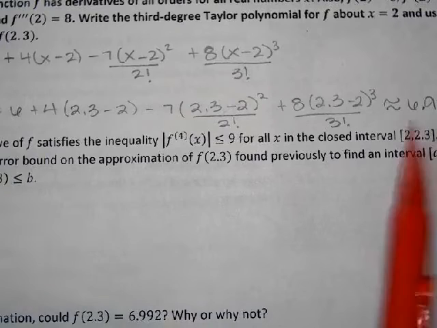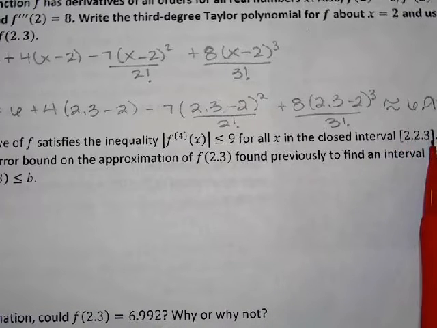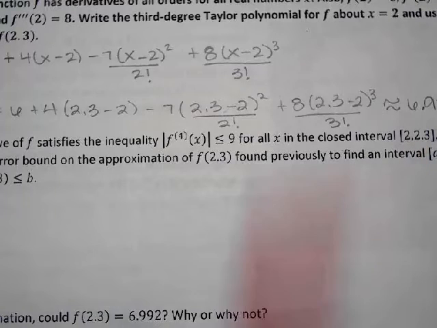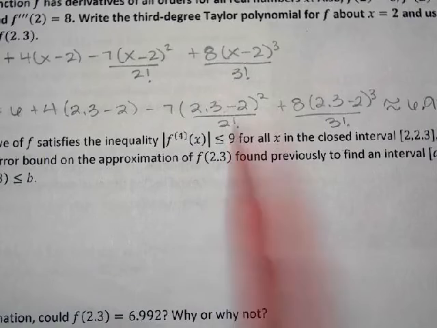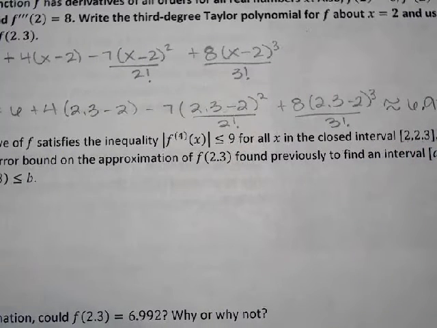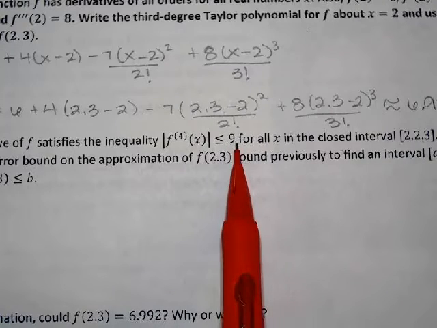So if we're evaluating it for 2.3, we can use the center of 2 to the evaluation of 2.3. So 2 to 2.3. And they're telling us that on that interval, the max is 9.